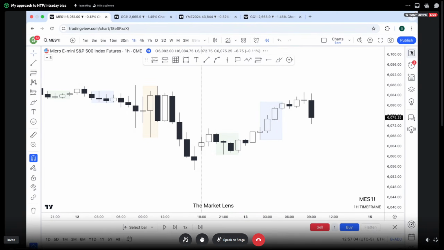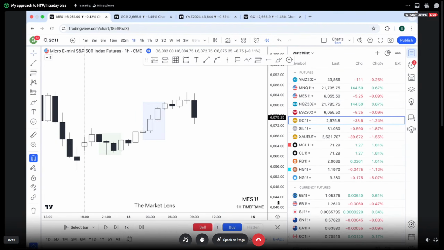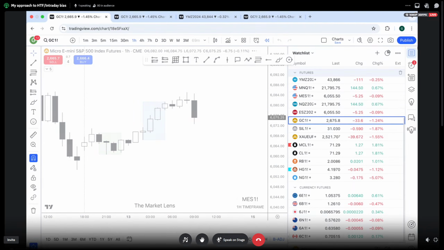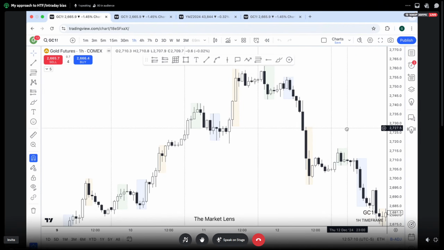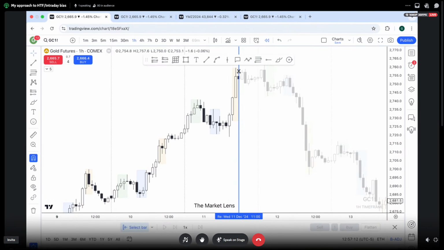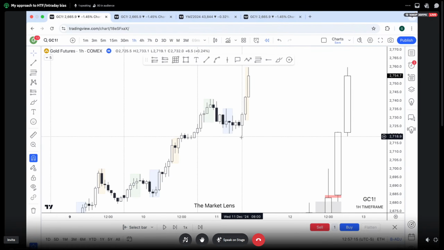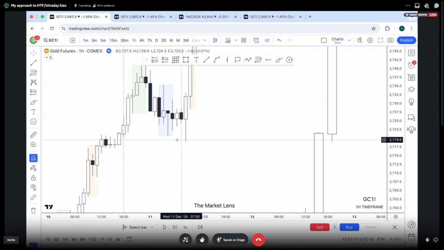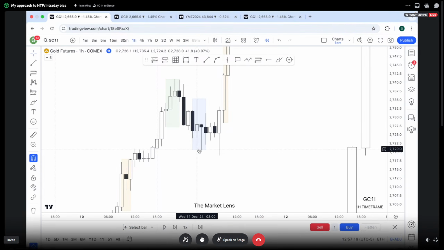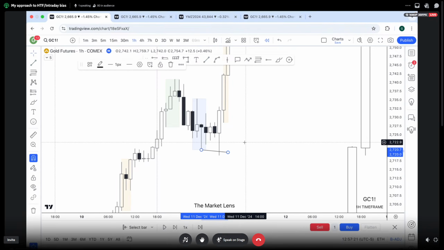Like on gold, for example. This is literally the only relevant area for manipulation to happen, right? This low. Why would we need to go lower? You know what I'm saying?